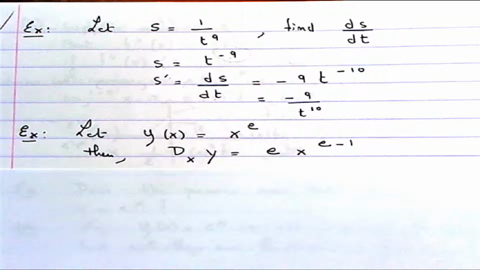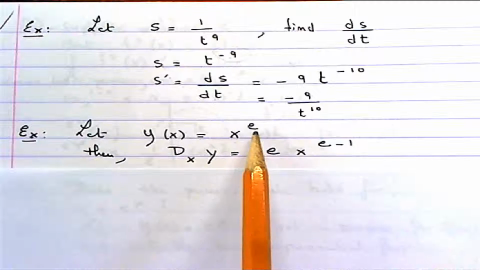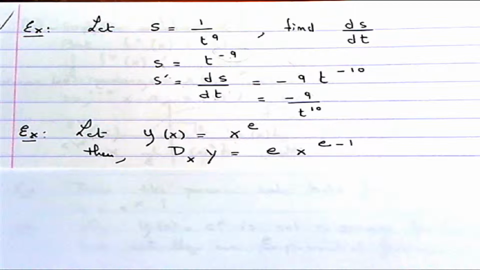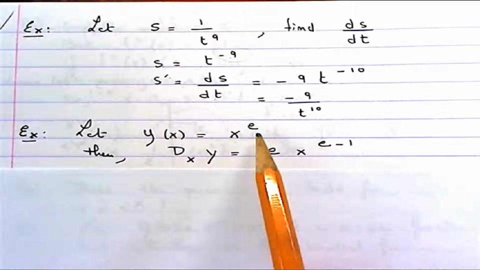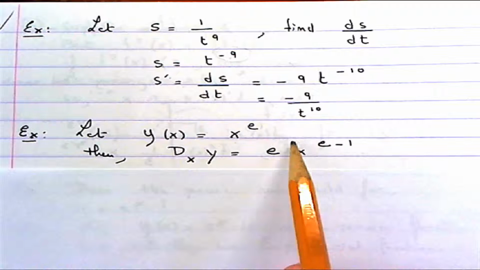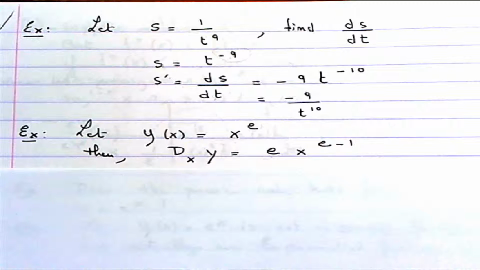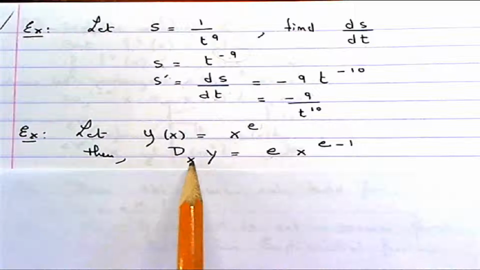With another notation too. So let y of x equal x to the e, and e, remember, is representing a number in this case, okay? And then again, n will be your e, and n goes in front of the x, and e minus 1. But the notation has changed a little bit. This is a different notation, not very common, people.